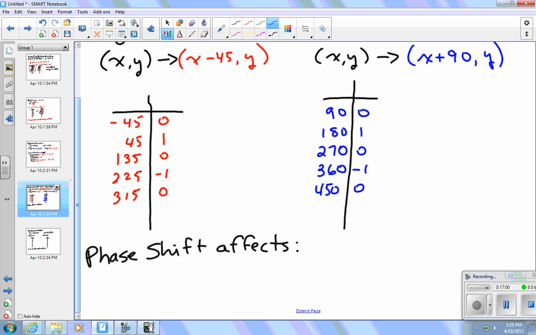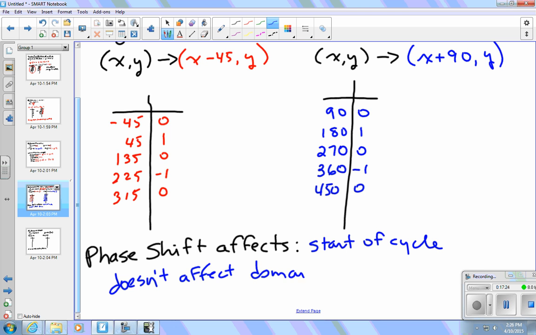However, it does not change the sinusoidal axis, domain, or range, or amplitude or period. Okay? So it affects the start of the cycle, it doesn't affect domain, range, amplitude, period, or sinusoidal axis.